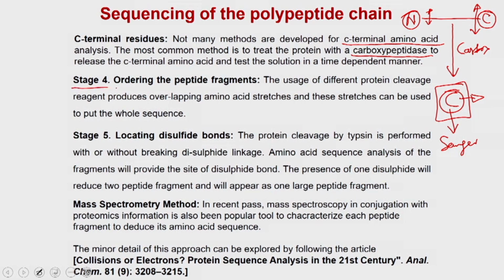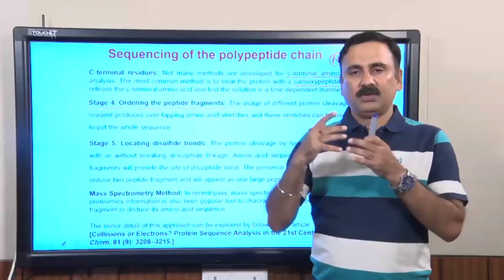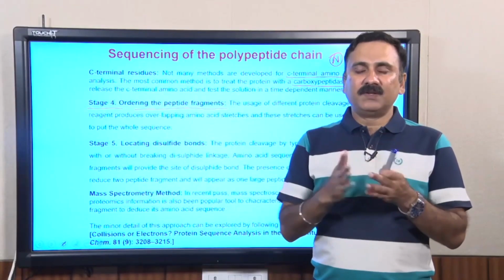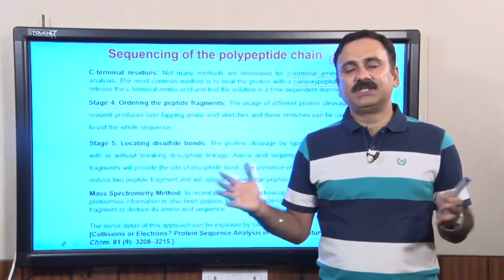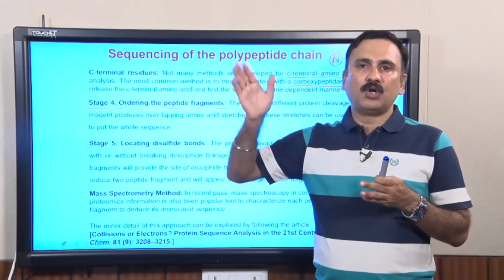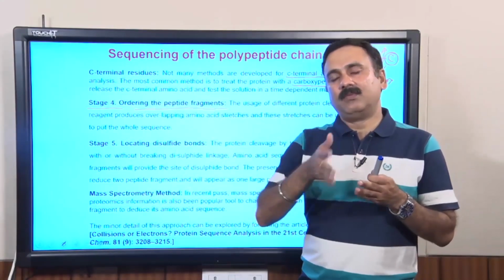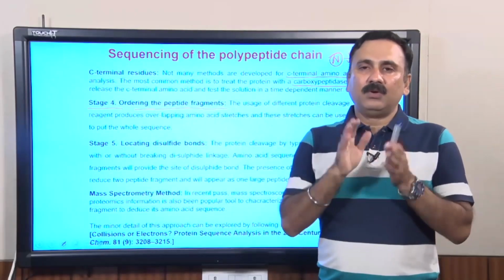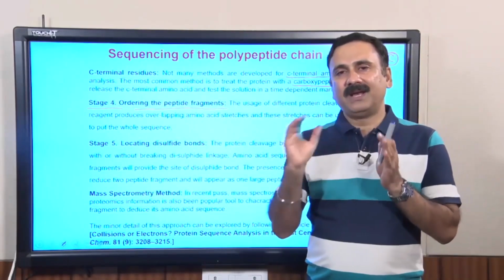Now, in stage 4, you have to do the ordering of the peptide fragments. So far, what we have discussed is that you take the protein, you first remove the disulfide linkages, and now it is going to be a linear peptide chain. Now you chop off this peptide chain with different proteases, and you are going to have small peptide fragments.